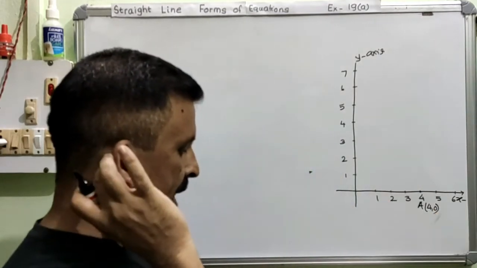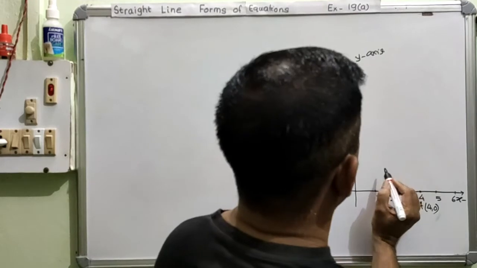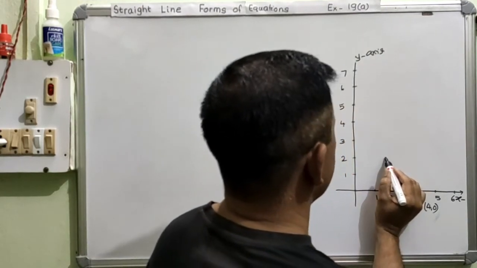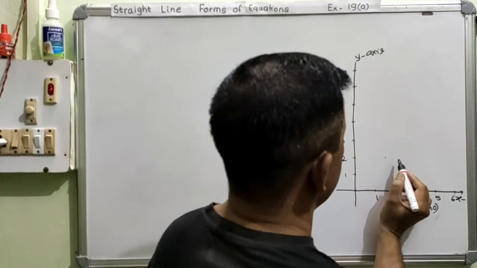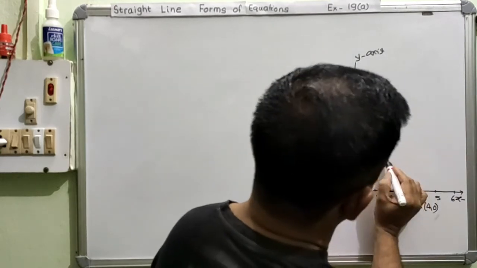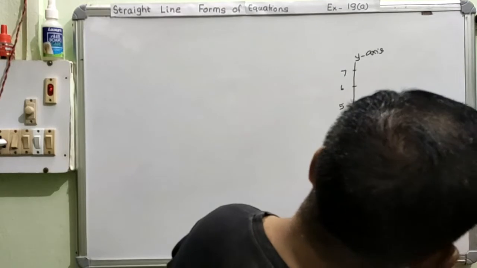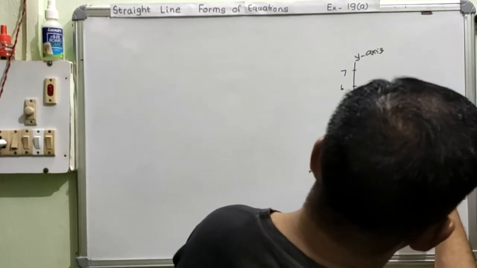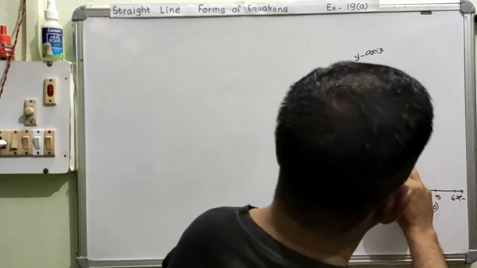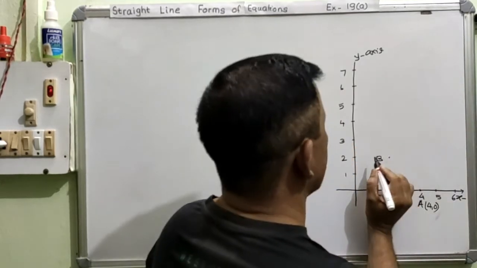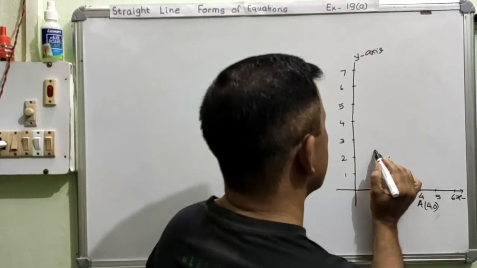There is another point B whose coordinate is 2, 2. This is point B, whose coordinate is 2, 2. Is it alright?